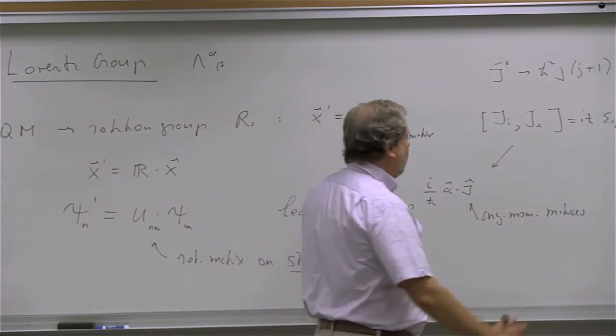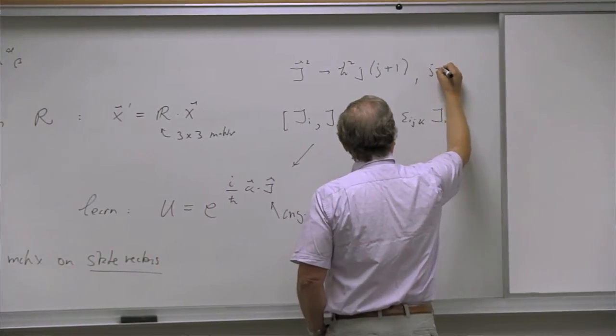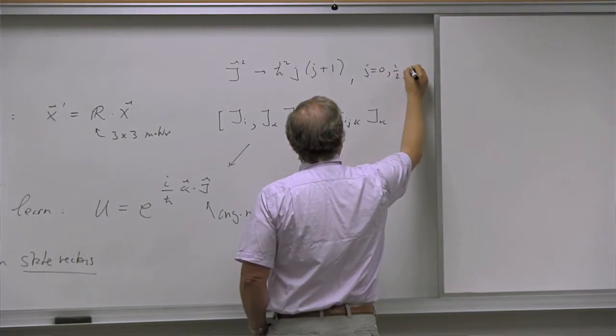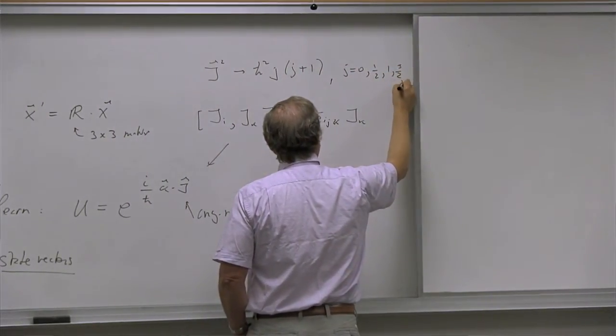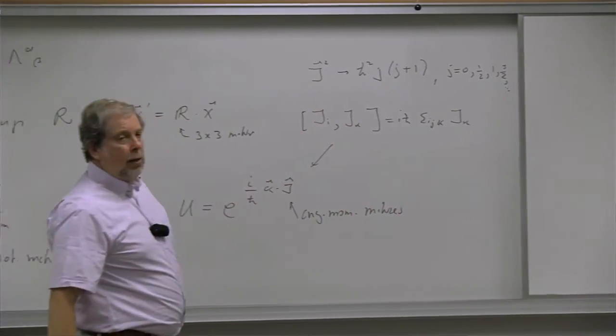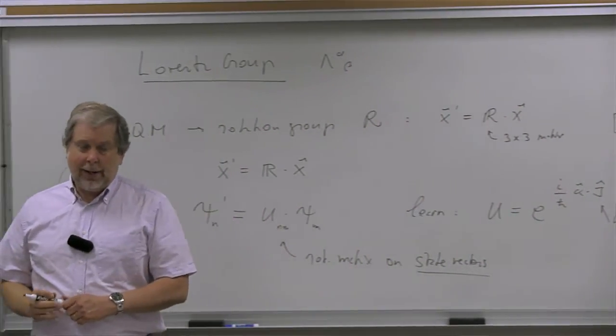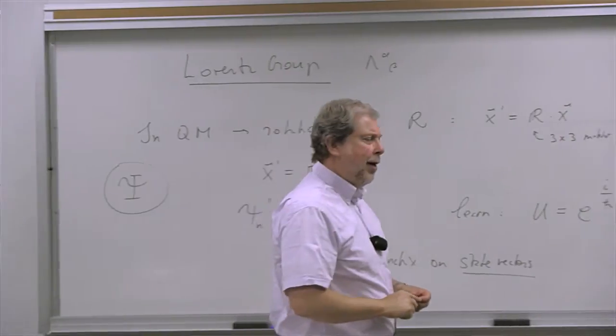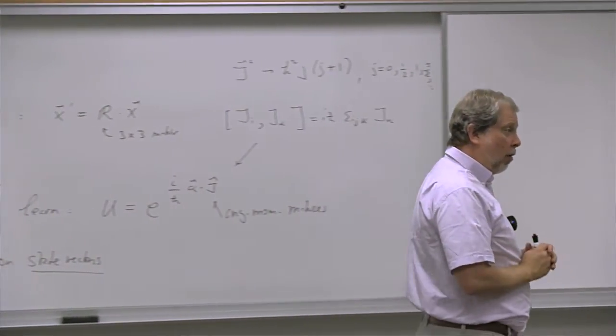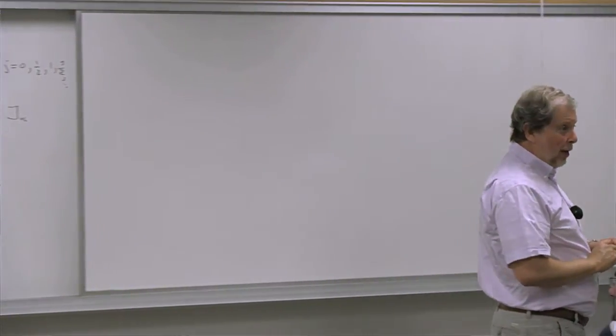And we discover that j can be 0, it can be 1/2, it can be 1, it can be 3/2, and so on. Right? So it is one of the standard exercises of graduate quantum mechanics to actually show that angular momentum only can take on certain values.